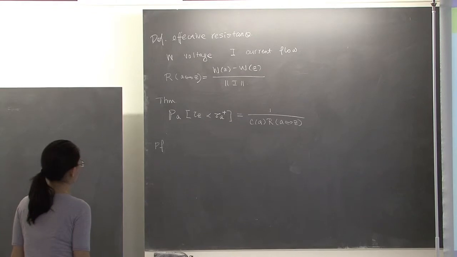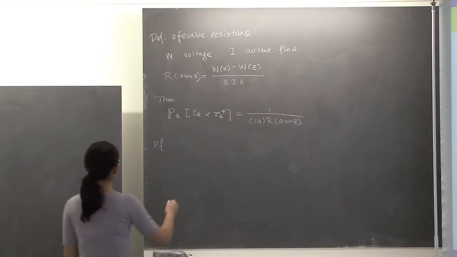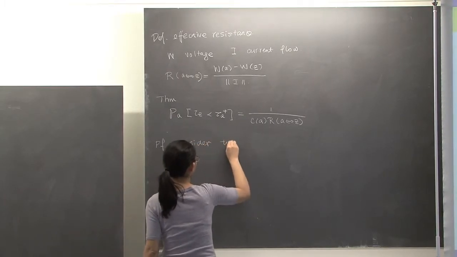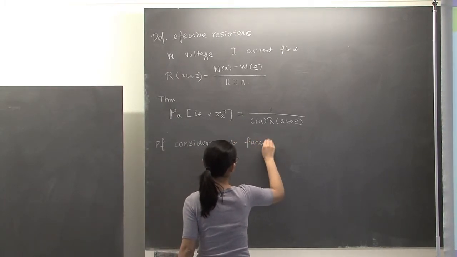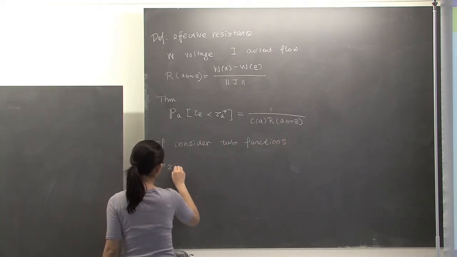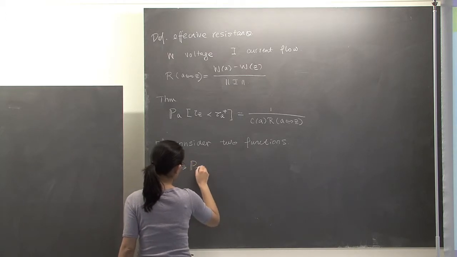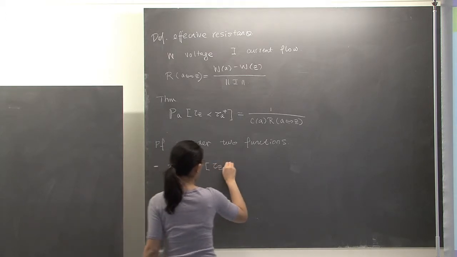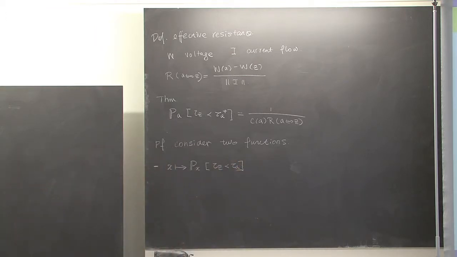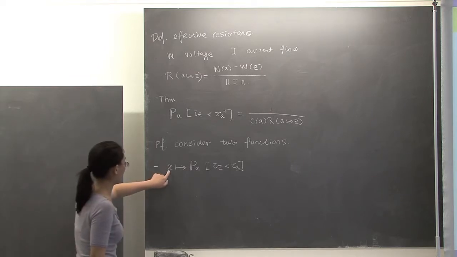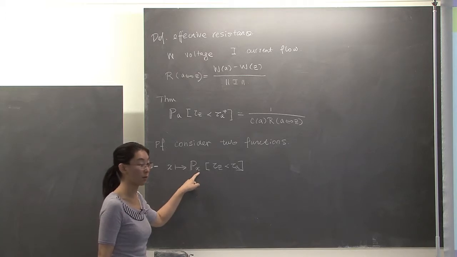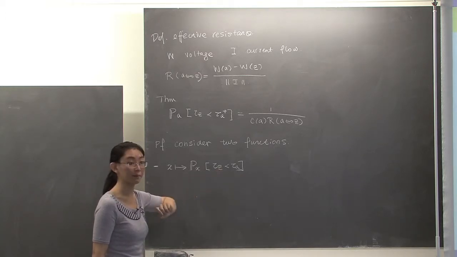So how do we relate these two quantities together? Consider the following two functions. The first is a function defined on vertices. It maps x to the probability that the Markov chain starts from x and hits z before a.